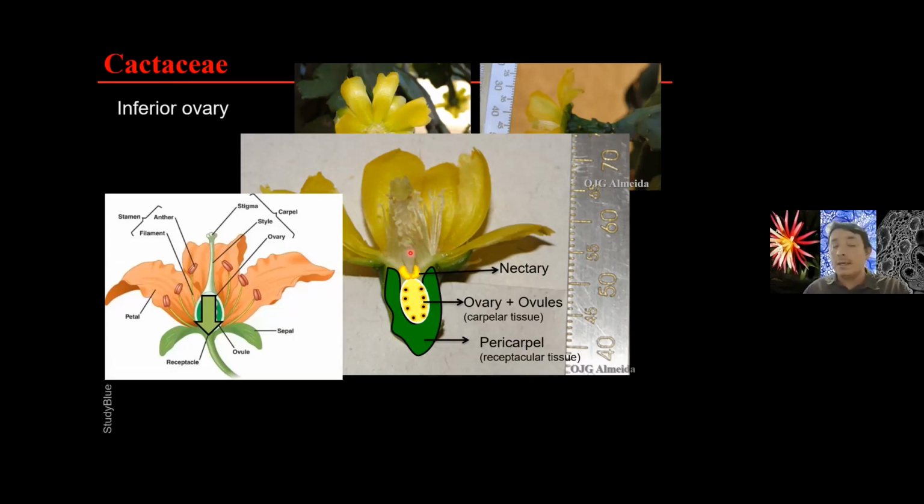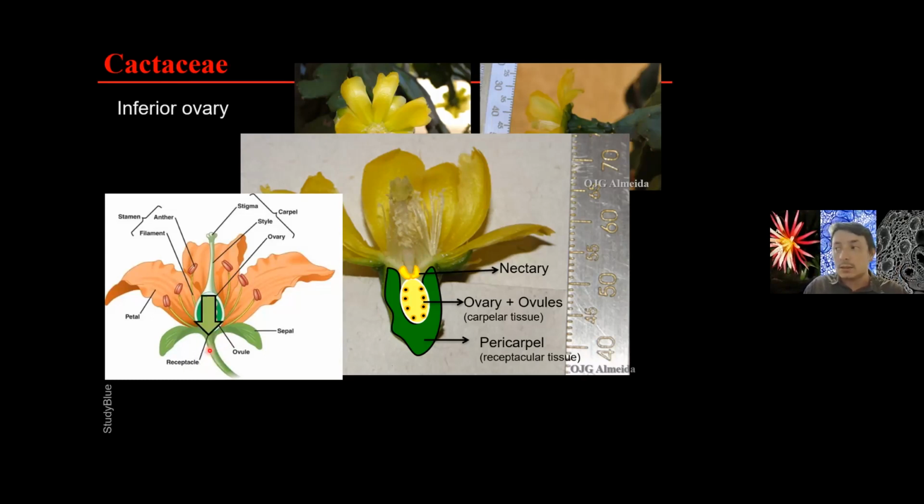When we compare to a regular or hypothetical flower with a superior ovary, in a very, very simple thought, the ovary went down into the receptacle and the peduncle tissues.